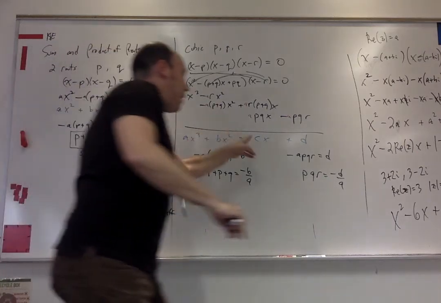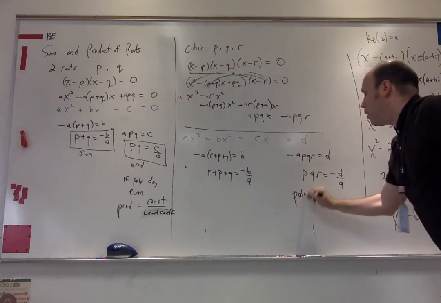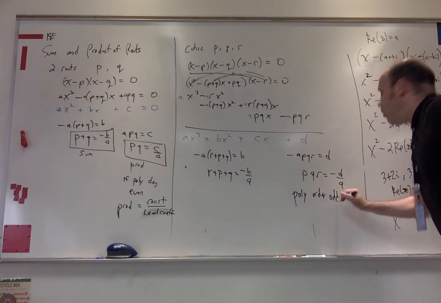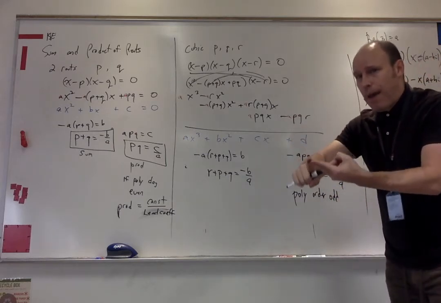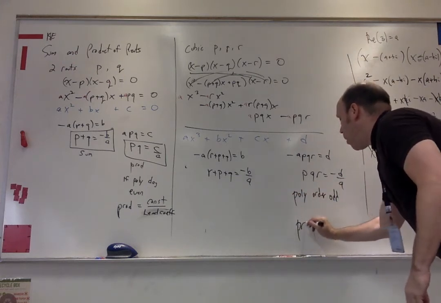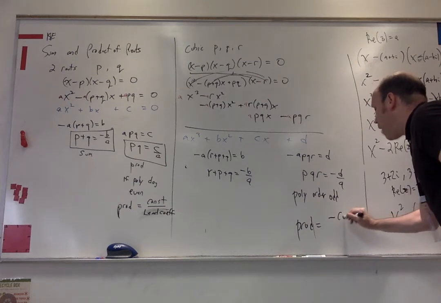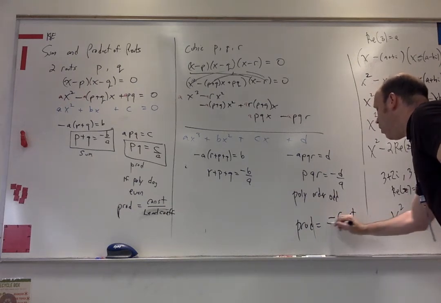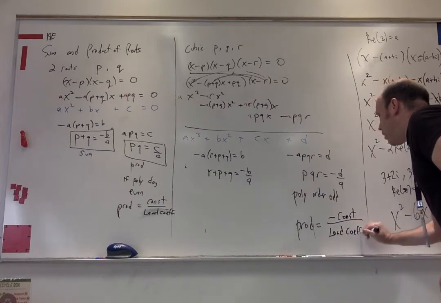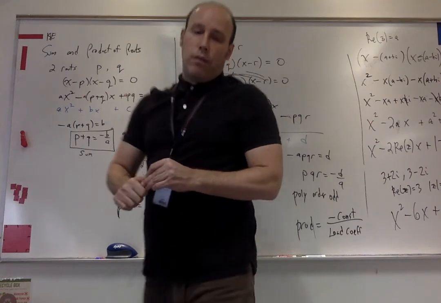For polynomials with an odd order, to the third power, the fifth power, the seventh power, the product, once again, is equal to negative the constant over the lead coefficient. Okay, and so, good.